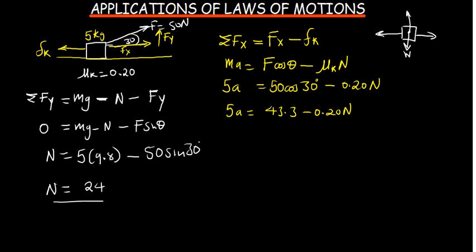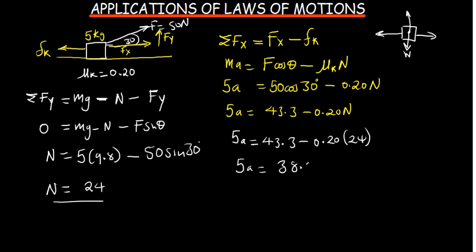And then we'll continue to say 5a is equal to 43.3 minus 0.20. Where there is normal force, now we replace the 24. So that will be 5a being equal to 43.3 minus 0.2 multiplied by 24. That is going to give us 38.5.